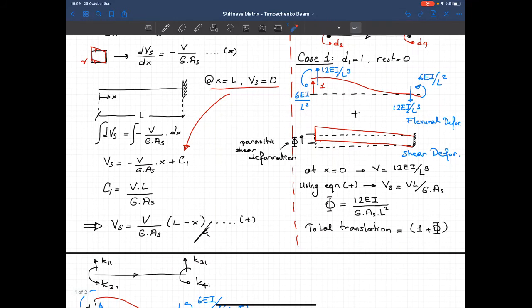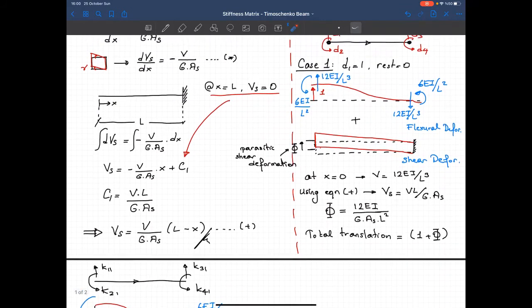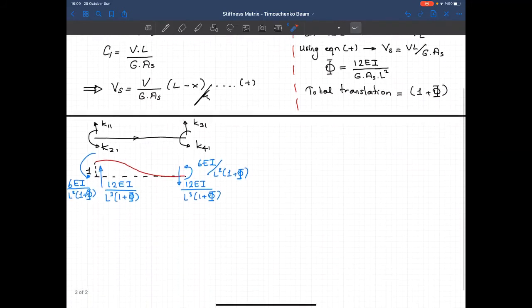So when we don't have any shear deformation, when we have only the bending deformation, these are the first column of the stiffness matrix. But when we consider the shear deformation, the magnitudes of these stiffness values are smaller now. How much smaller? 1 over (1 plus phi) times smaller. Okay, because now we have a more flexible member. So this is the first column. This is the case when we have a unit translation. Now let's take a look at case 2.